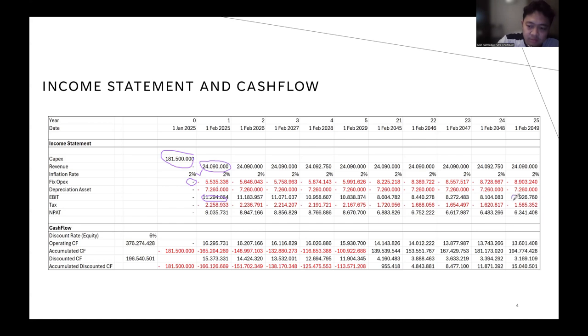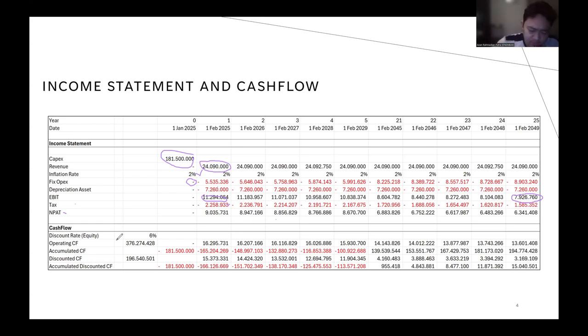And also we have the net profit after tax, from 9 million in the first year to 6.3 million in the last period of the 25 years. Okay, and now we move to cash flow.